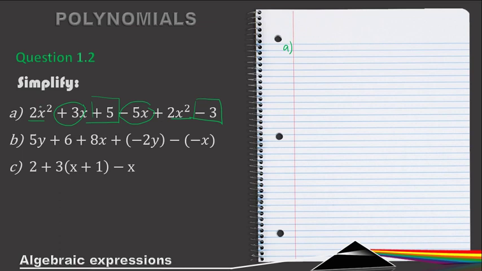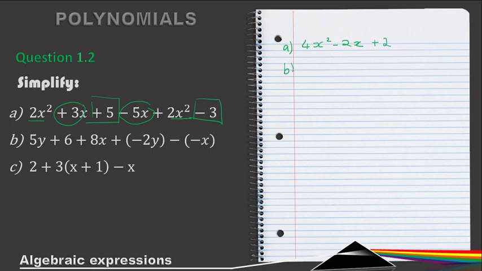Now I can go directly to my stripes, and I say 2 plus 2 is 4x squared. Then my terms that only contain x, so 3x minus 5x. If I have 3 and I take away 5, I go into the negative 2, so that's minus 2x. And then my constants, plus 5, take away 3, or 5 minus 3 is plus 2.